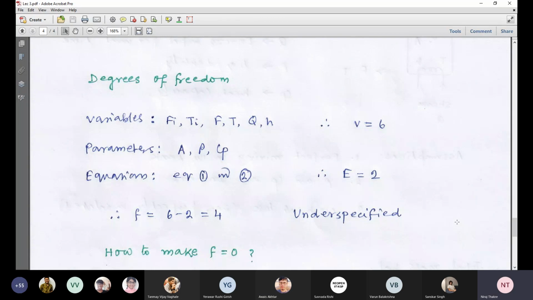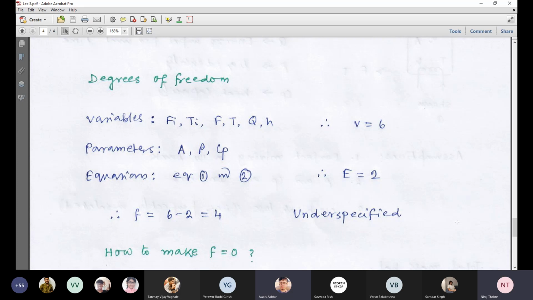So, we can have F equal to Fs plus KCF times HSP minus H. Good.